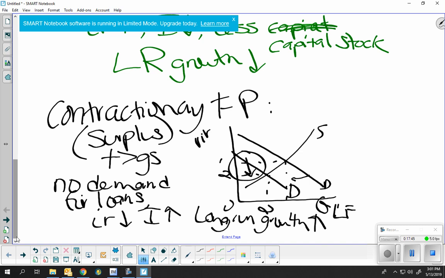Sarah, you have a question. In contractionary, is the only one changed the demand? No, you can say that there's more supply available for loans. Are you talking about aggregate demand or demand for loans? On here we see that for expansionary we moved supply, and for contractionary we moved demand. Are those the only ones that can be moved in these situations? Can both of them be moved as long as you're explaining it correctly?